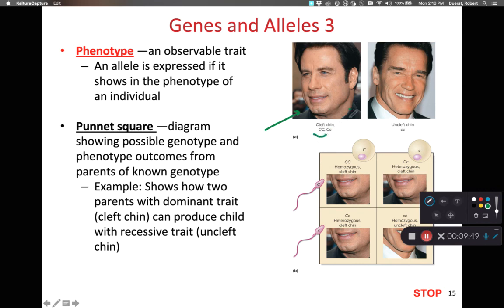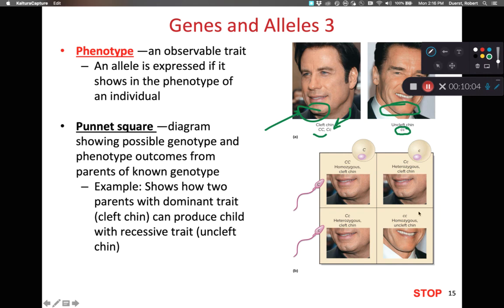Homozygous dominant individuals or heterozygous individuals will express the cleft chin. And then we have the uncleft chin. Uncleft chins are going to be on individuals that are homozygous recessive.